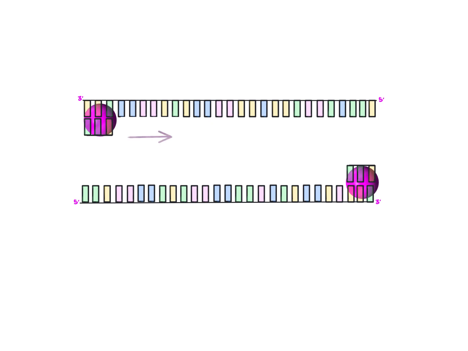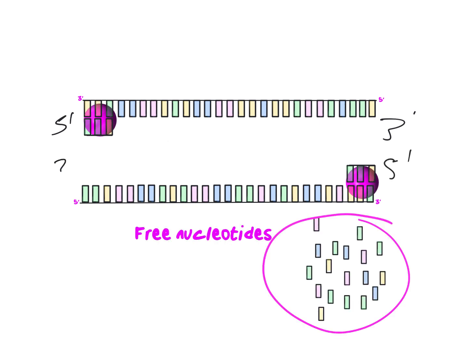Now we will get DNA replication in the 5' to 3' direction on this strand of DNA, and we'll get replication in the 5' to 3' direction on this DNA strand. What do we need to do this? Well, the DNA polymerase needs nucleotides to build. They're the building blocks of the DNA. So the DNA polymerase will need these nucleotides.